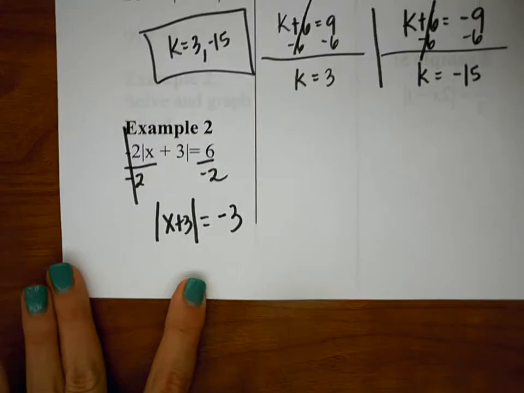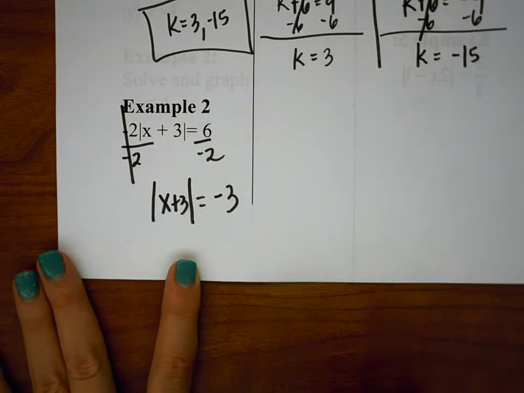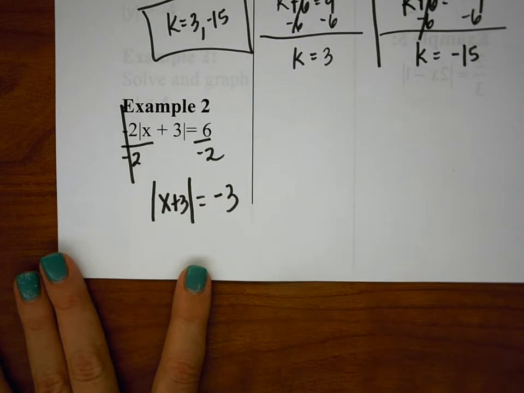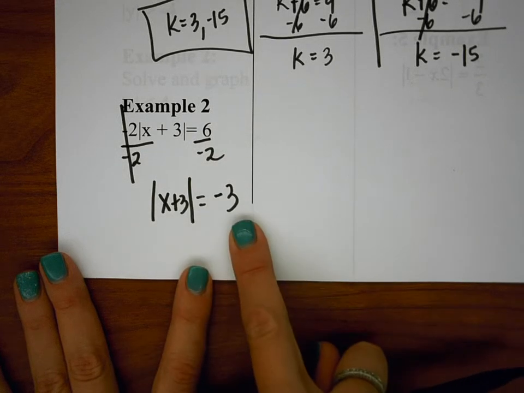Okay, so we need to think about this for a minute. We know that inside here we can have a negative number, but when it comes out, it's always going to be what? Positive. So once your absolute value is by itself, if this number is negative, that means the answer is going to be what? No solution.